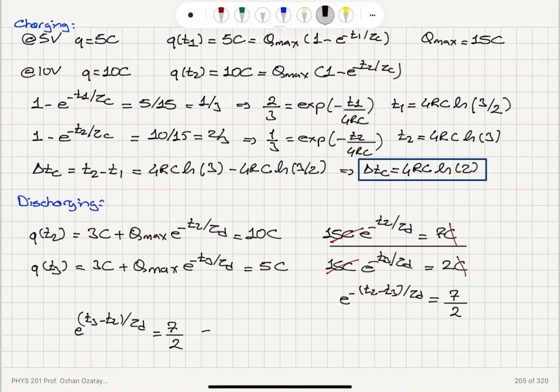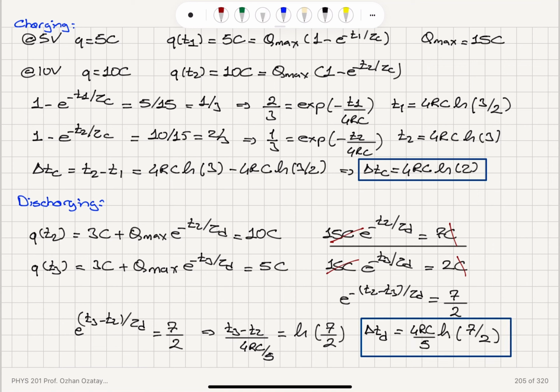And this tells me that T3 minus T2 divided by tau discharge, which I found in part C to be 4RC divided by 5, is equal to natural logarithm 7 over 2. Because T3 minus T2 is the delta T in the discharge process, delta T discharge is 4RC divided by 5 natural logarithm 7 over 2.